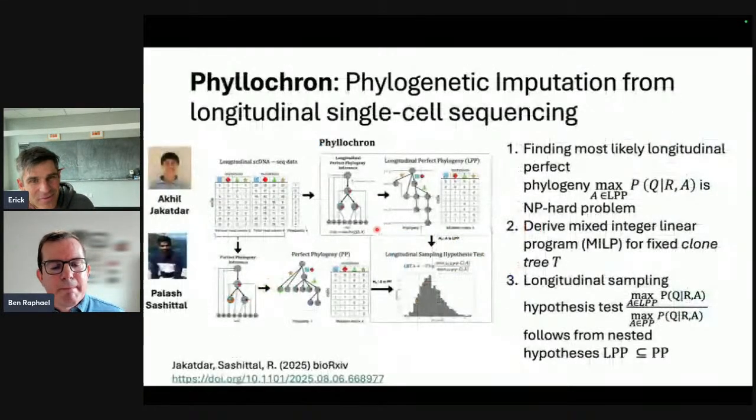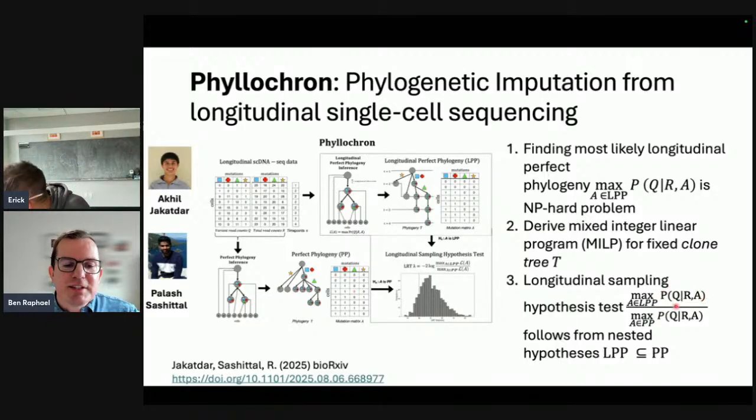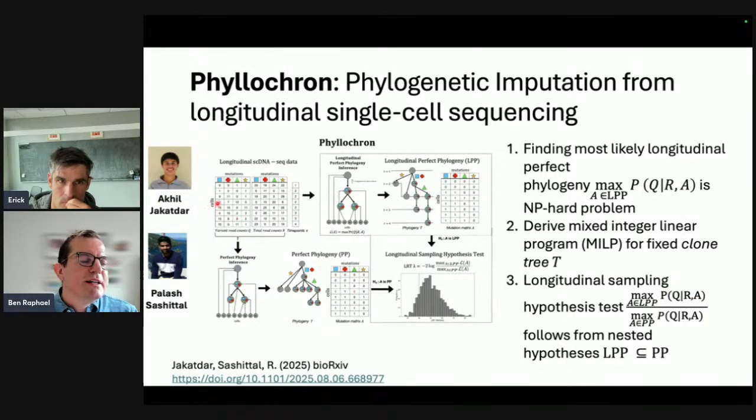I don't know if I understand about the probability of the longitudinal phylogeny. Yeah, so the probability of longitudinal phylogeny is the probability of the matrix. So this is a generative model. The matrix is the presence or absence of each mutation in each cell. Given this matrix and given the total read counts, it is just a generative model for what the variant read counts will be.